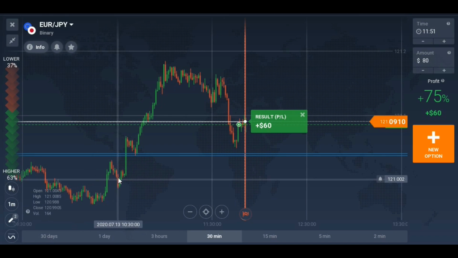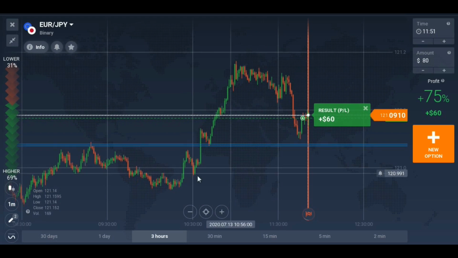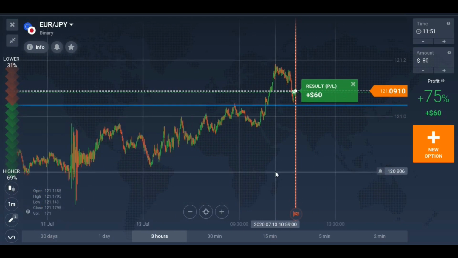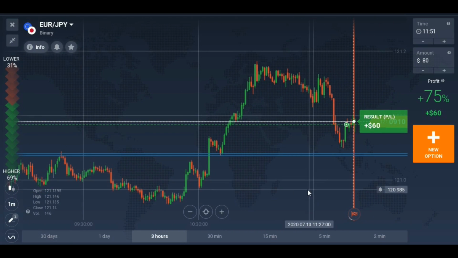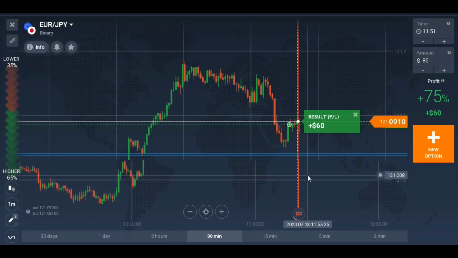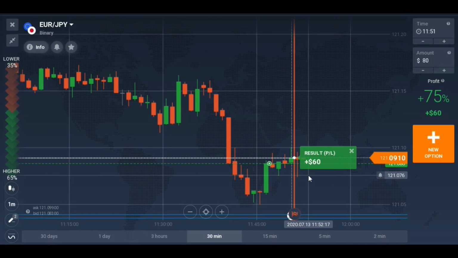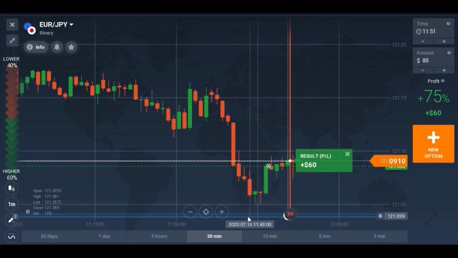This was the actual support, but if we go back, okay, we don't have to go back. See, this is the particular support zone, but sometimes the market is in a rush, like buyers or sellers are in a rush, so they exit or enter their trade a little bit faster, and that's why it was not able to go up.